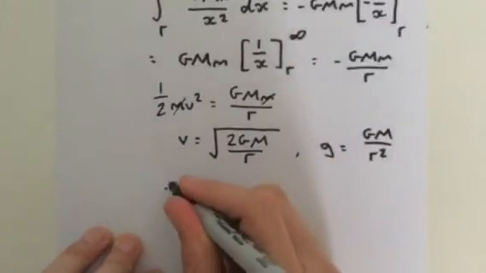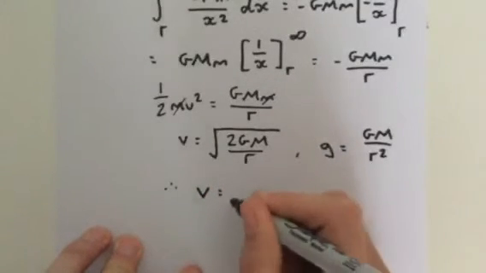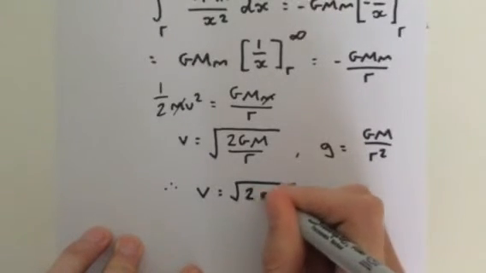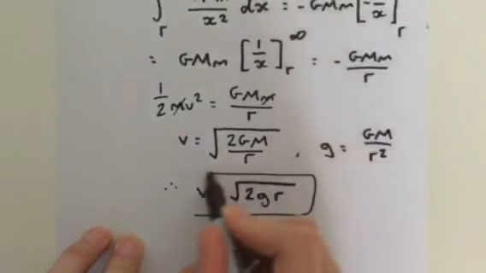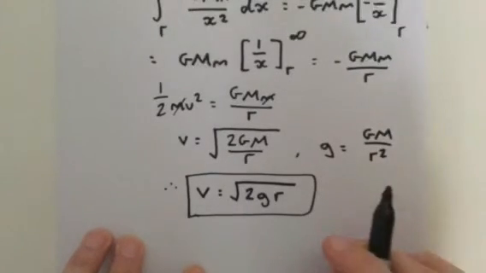We finally get that the velocity of our body escaping the Earth's gravitational field is equal to the square root of 2gr. That is the escape velocity. It's good to commit that formula to memory, as it'd be very useful.